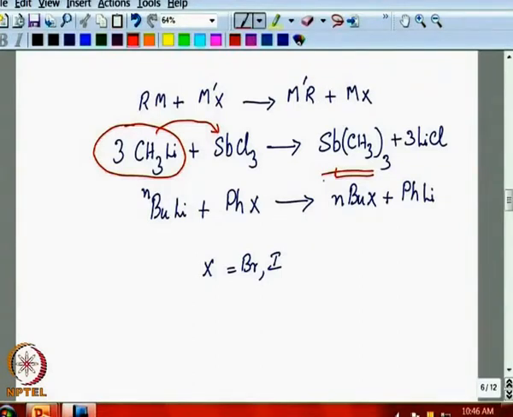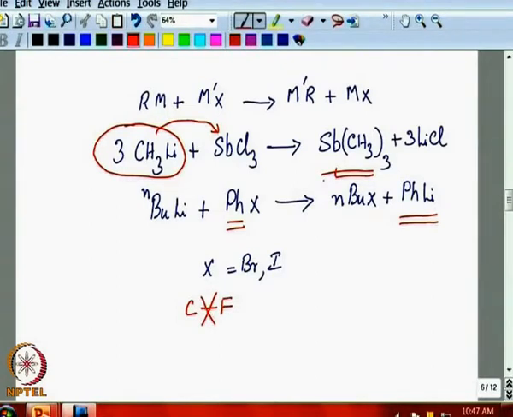I am going to transfer the butyl group to a halogen and a phenyl group to the lithium, and because the phenyl lithium has a better interaction compared to the butyl, this reaction proceeds from left to right and you have elimination of butyl halide. Now, it is very difficult to break carbon fluorine bonds. It is a very strong bond and it is not possible to break it.